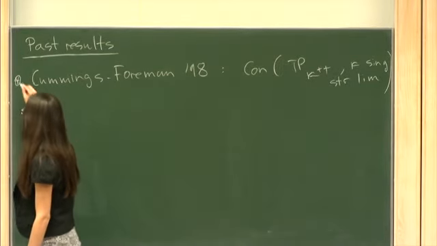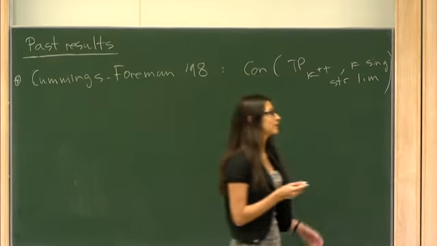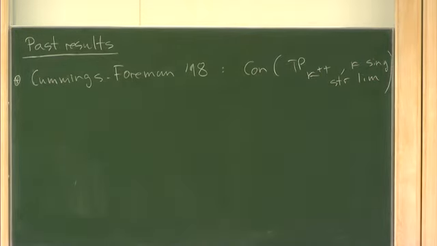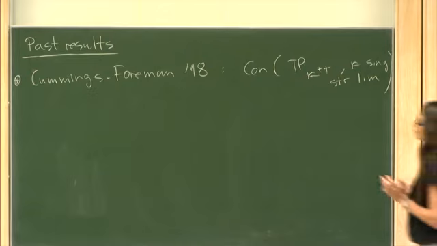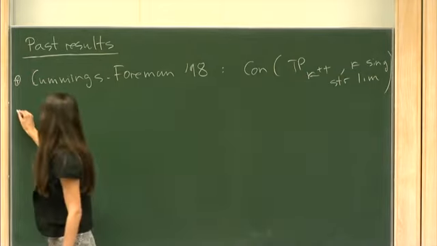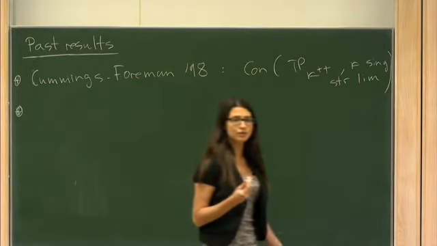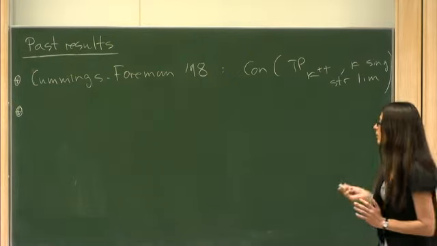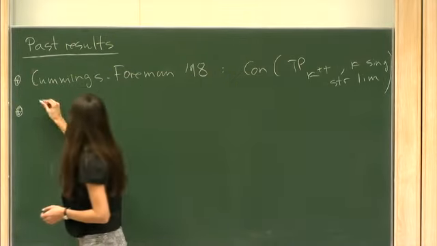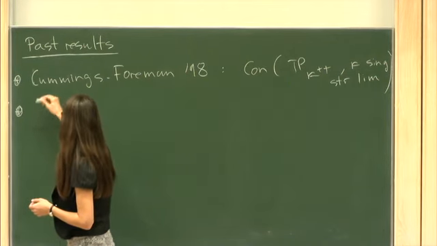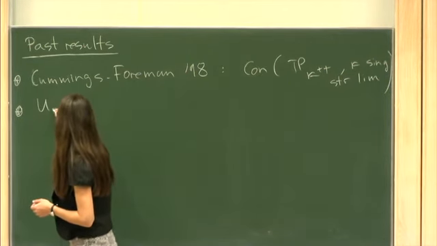Now, a quick note: in their model the tree property at kappa plus doesn't hold. Actually, one can show that in their model weak square at kappa holds. But replacing the more standard Prikry forcing with the Gitik-Sharon style diagonal supercompact Prikry forcing can yield the following result, due to Spencer Unger.